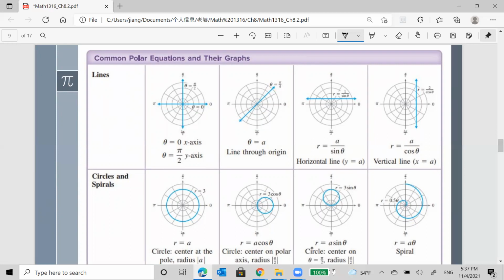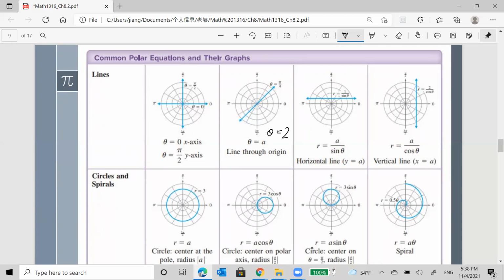Another one, a line through the origin. Theta equals pi/4. This is a line we mentioned. If theta equals another number, like pi/6 or pi/3, that's a line like this. Or any number, for example, theta equals 2.